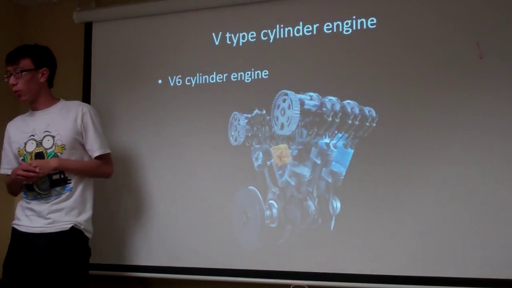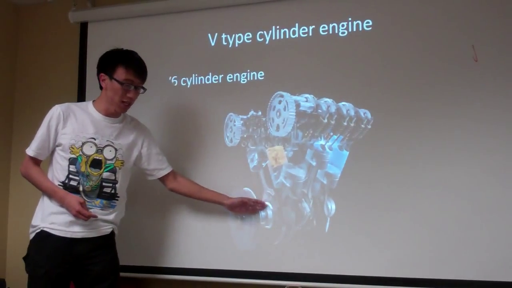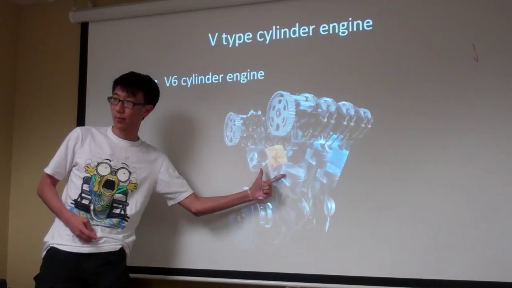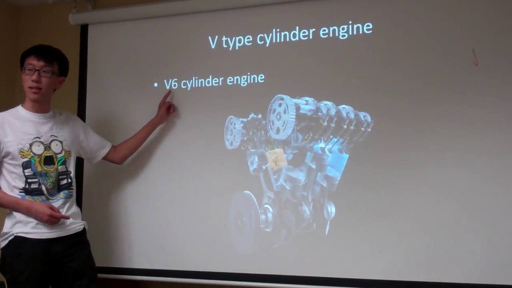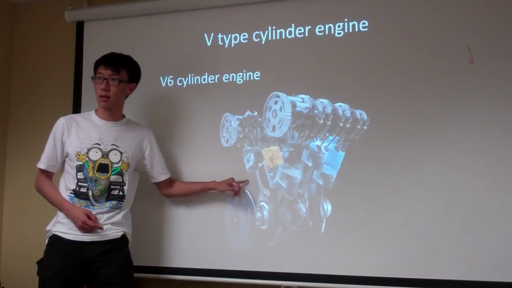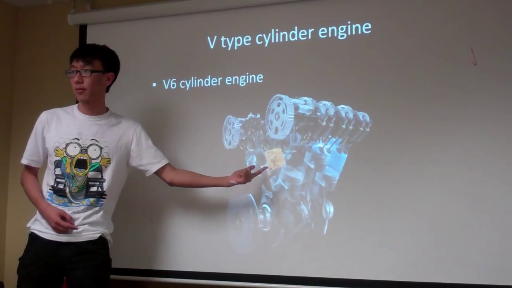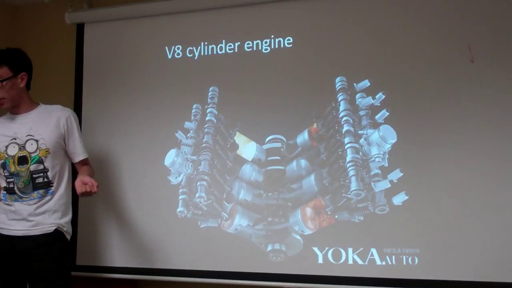And this is called a V-type cylinder engine. It looks like a V shape. This V6 means 1, 2, 3, and on the other side also 3 cylinders. So it's called V6, and this one is called V8.